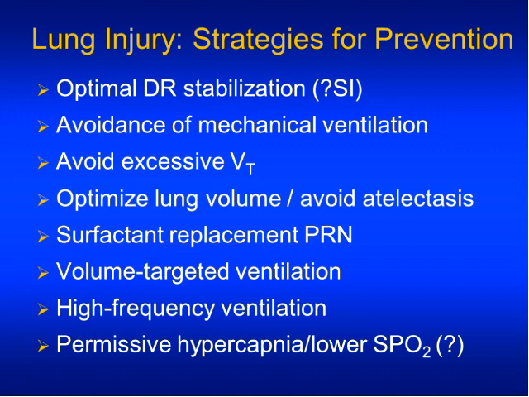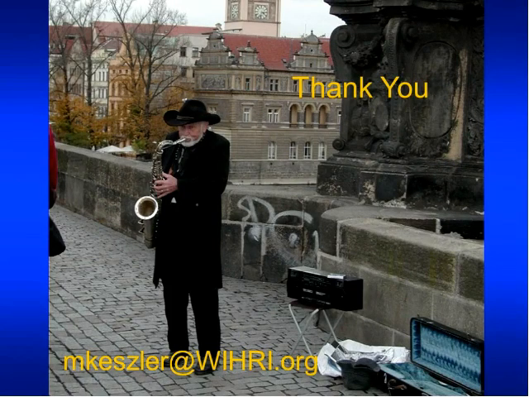Optimizing lung volume is critical in making the other strategies work. So atelectatic lungs are bad. If you ventilate them, we're going to get into trouble. And you know there's atelectasis if you have a high oxygen requirement, pretty much in a preemie with RDS. There are other strategies, obviously. Surfactant helps, but volume-targeted ventilation coupled with optimal lung volume strategies probably are the most important of the things we can do. And so thank you very much for your attention.